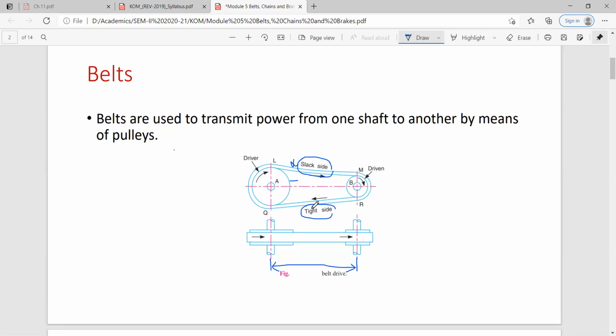As it is in more tension on one side and less tension on the other side, the material of the belt should be flexible: if force is acting it should get elongated, and if less force is acting it should get contracted back to its original length.